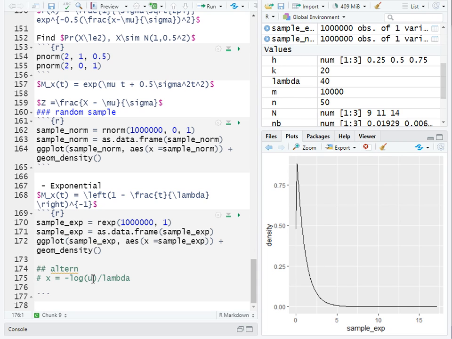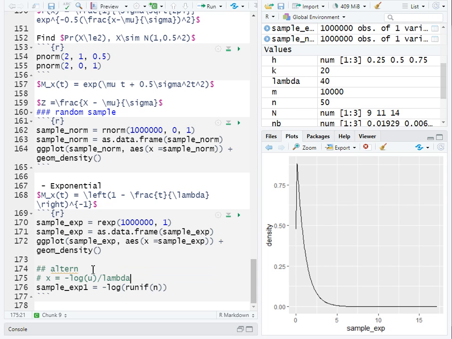So how to generate a random sample of size n from this exponential lambda? We have sample x1 will be minus log. Instead of u, we place the uniformly distributed numbers with runif.